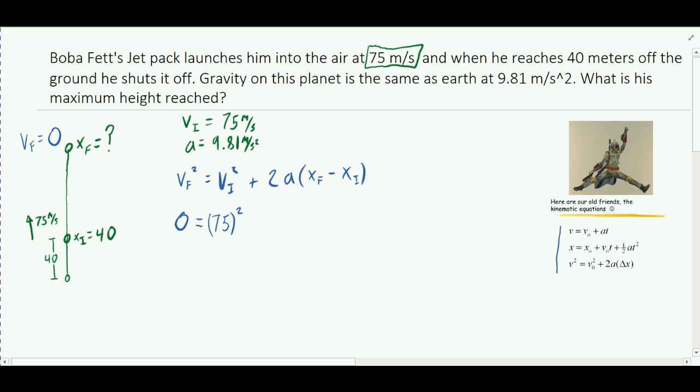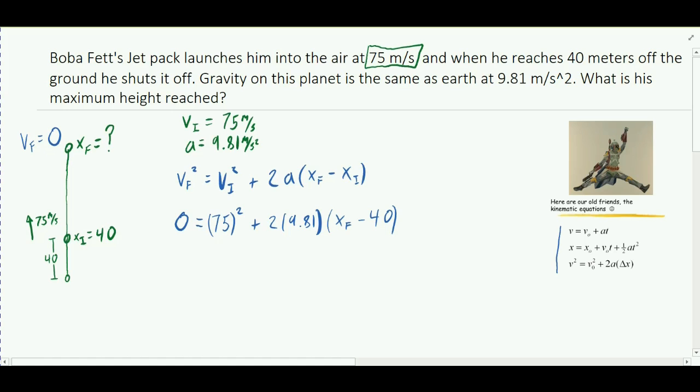So 75 squared plus 2 times 9.81. X final is unknown, and X initial is 40. One equation, one unknown.